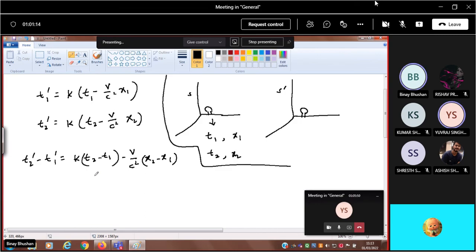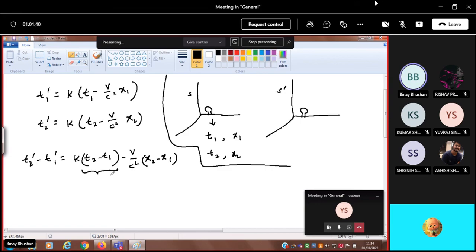So the question is, suppose the two events are happening at the same time as seen from the frame of reference S. तो क्या होगा? The term K (T2 minus T1) will become 0, because T1 is equal to T2.